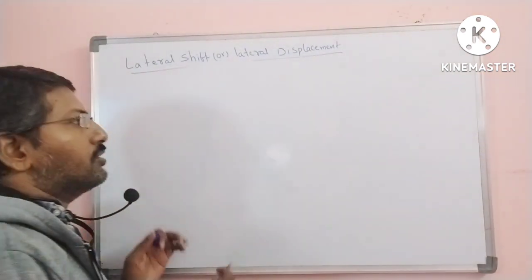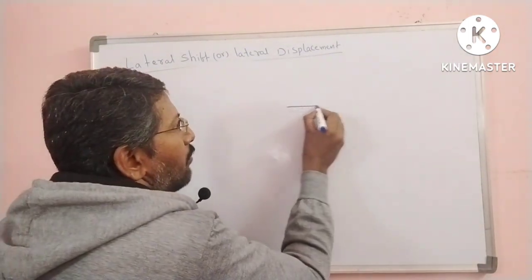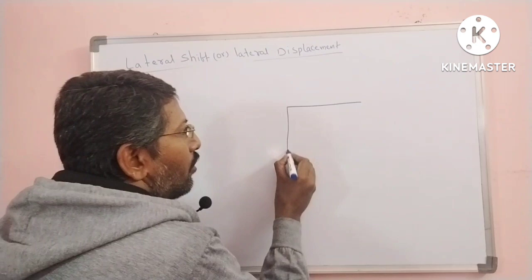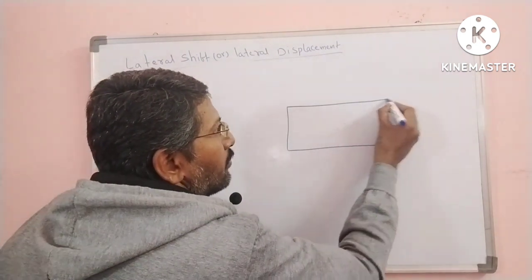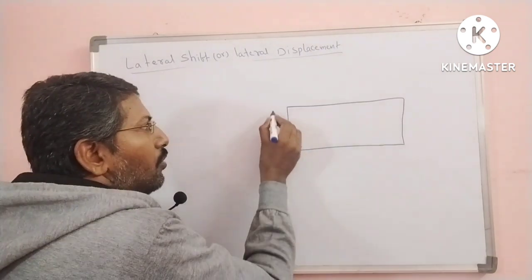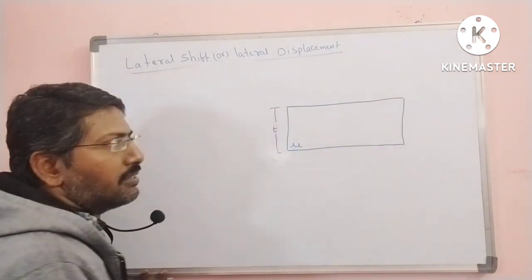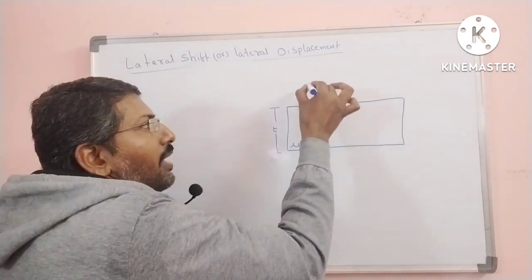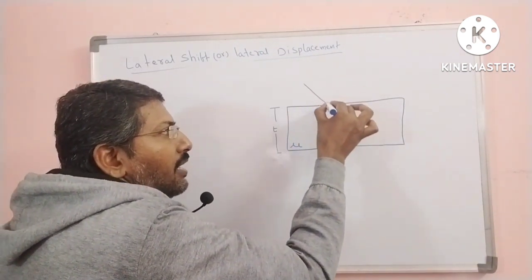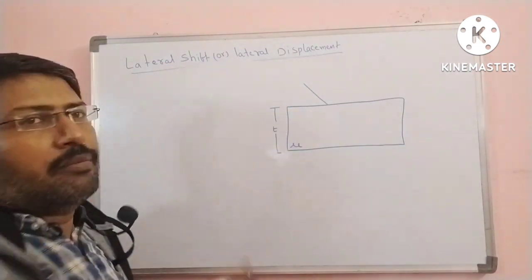See here, I take one glass slab. This is the glass slab, whose refractive index is mu and thickness is T. When a light ray is incident on the glass slab, it travels from the rarer medium to the denser medium.